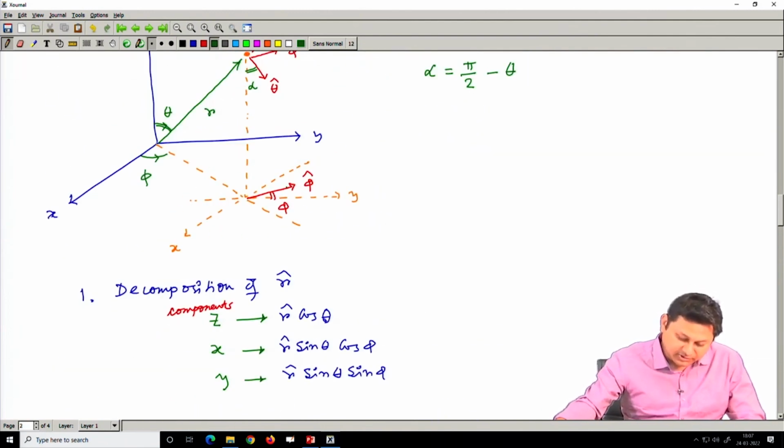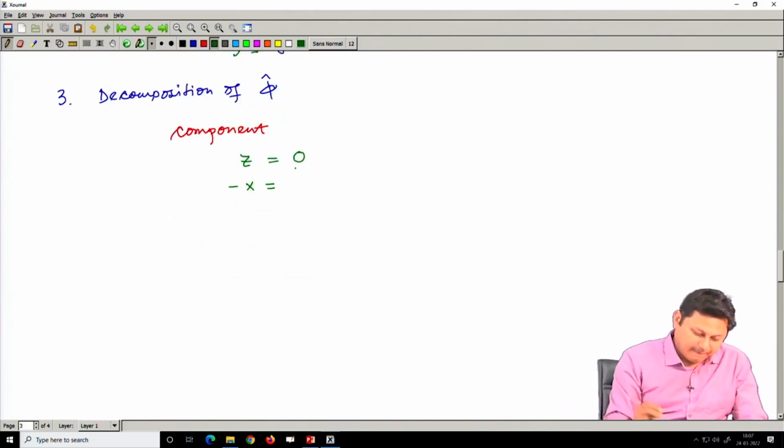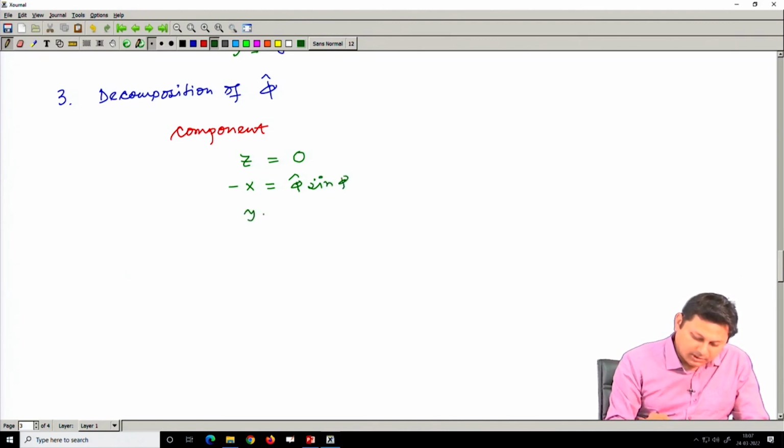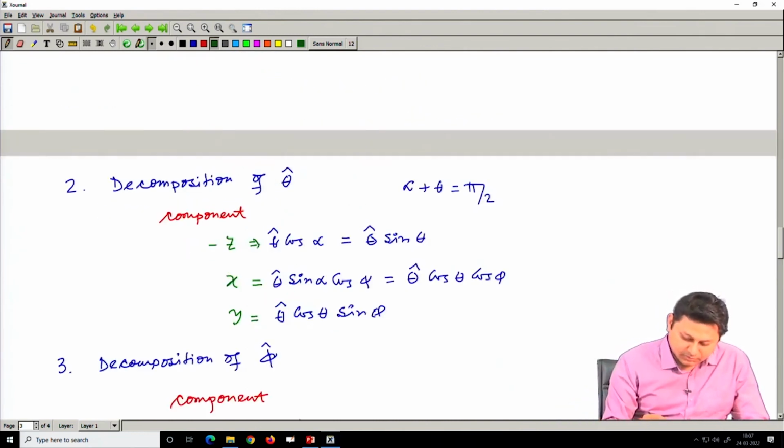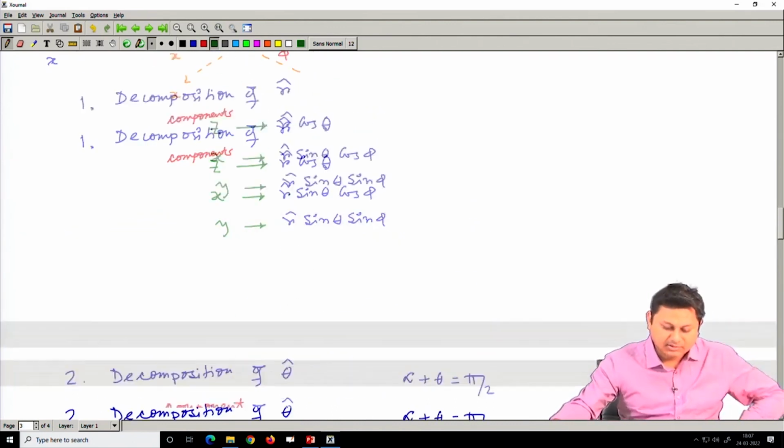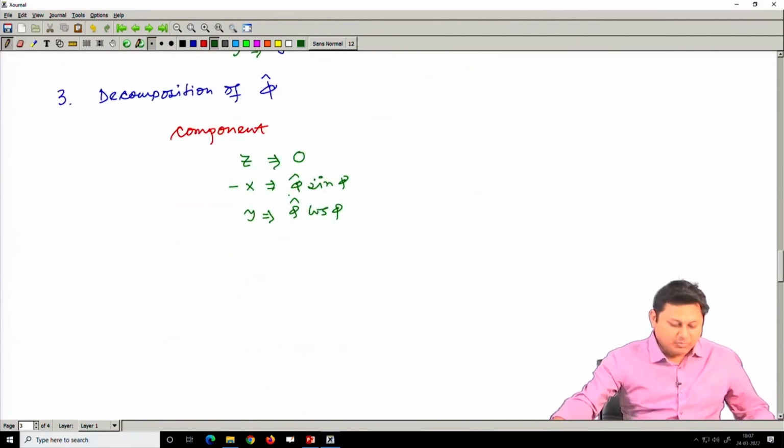That component is the phi unit vector times sin phi with a minus sign, and the y component is the phi unit vector times cos phi. So, three different components I divide.